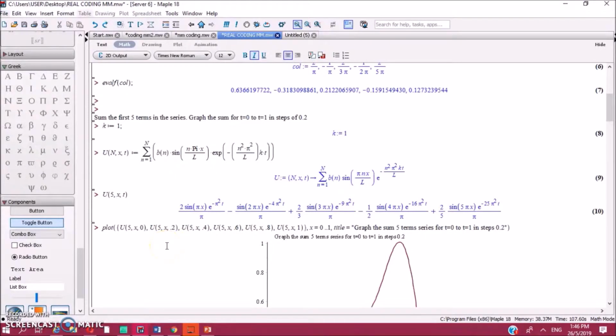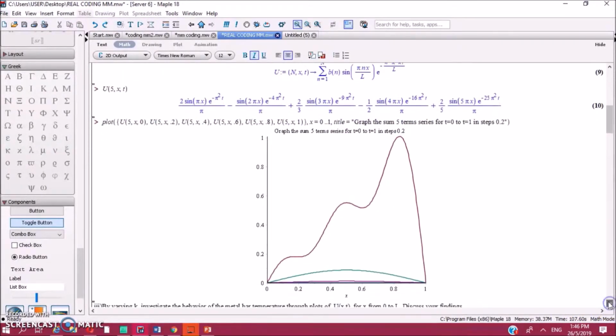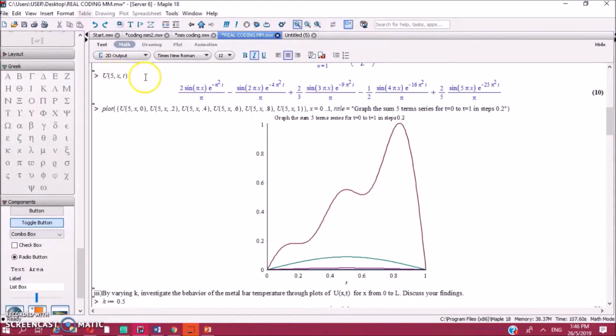For the graph, we can use the equation here, just put plot, and we just change the t to 0.2, 0.4, 0.6, 0.8, and 1.0. Since x is 0 to 1, we put it here, 0 to 1. Dot is equal to 2.